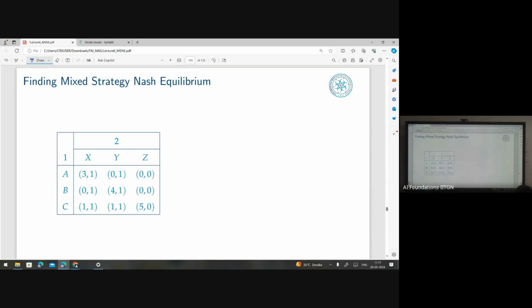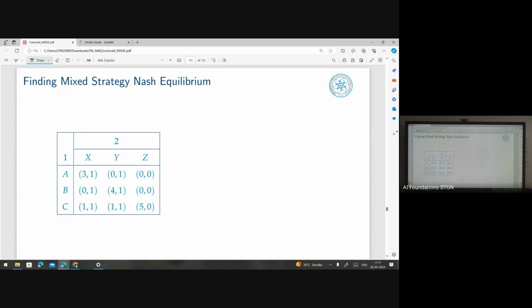Okay, so if I want to find the mixed strategy Nash equilibrium in this particular game, first, what would be the supports of each of these players? What I'm essentially trying to ask is, is there any strategy that is dominated?